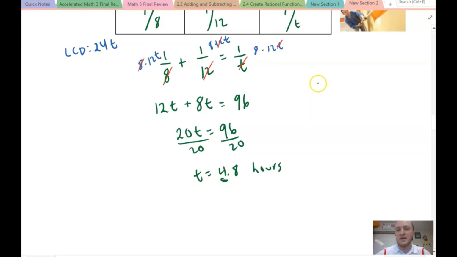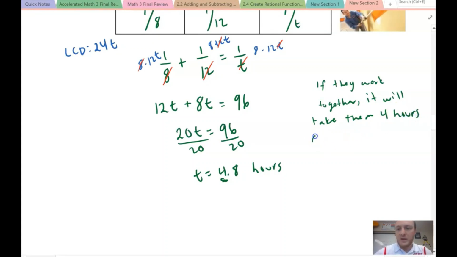So we can say if they work together, it will take them 4 hours and how many minutes? Okay, well, I know that there's 4 hours gone.